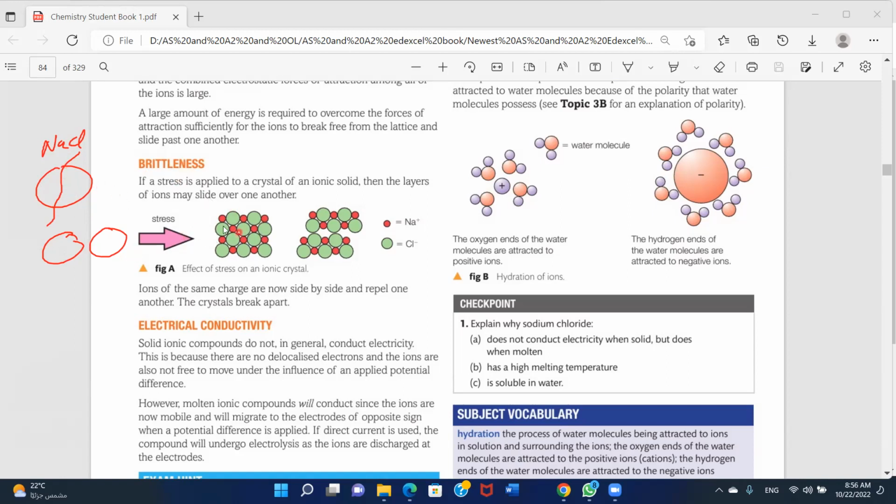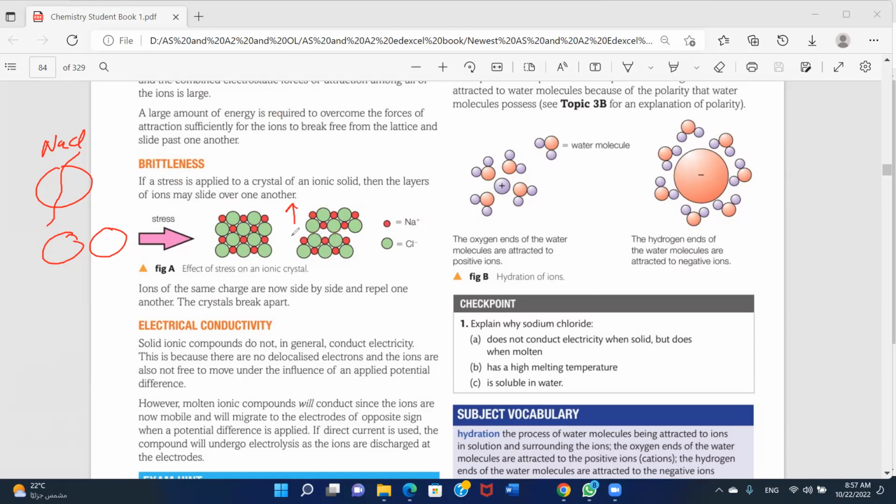That's because in an ionic compound, as you see, we have alternating positive and negative ions that hold the ionic compound very strongly together. But if you apply any stress, you knock it by anything, then these layers of positive and negative ions will slide. When they slide, negative ions come next to each other, so they will repel.